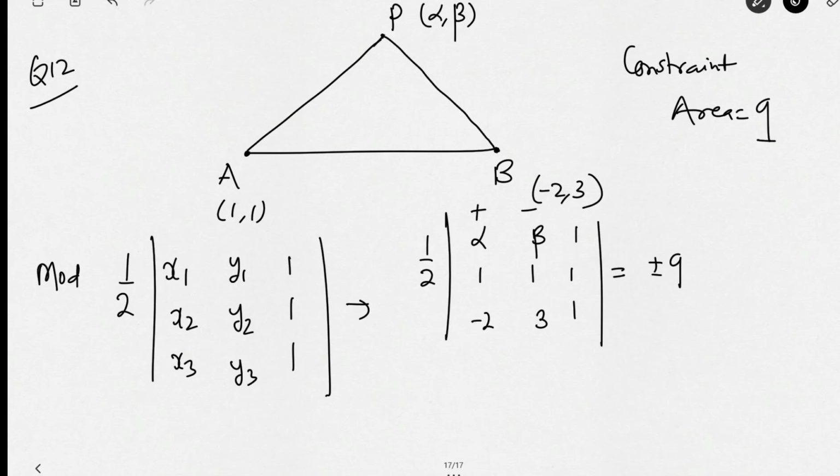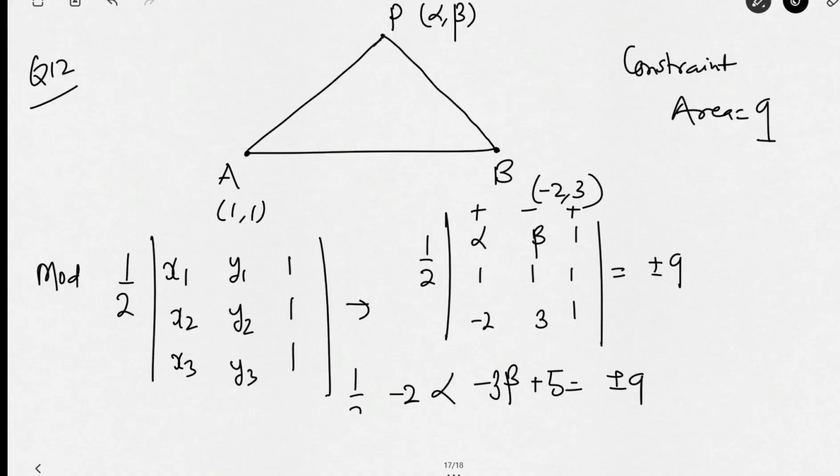This will become alpha times (1 minus 3 is 2), so negative 2 alpha, negative beta times (1 plus 2), so this will be 3, and 1 times 3 plus 5 equals plus minus 9, or negative 2 alpha minus 3 beta plus 5 is not 9.